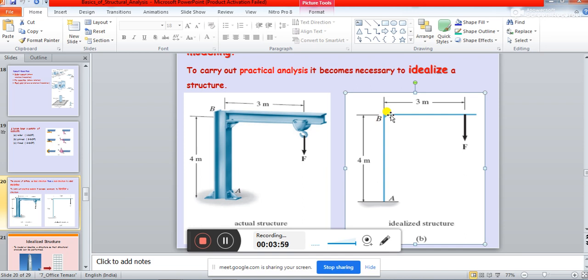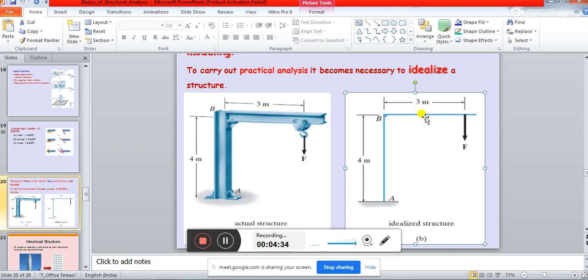You will have to give the detailed properties of the beam: the area of the beam, the moment of inertia of the beam, the material property of the beam, and the Poisson's ratio of the beam. All the relevant material properties and geometric properties you will have to give for this beam. Then only your structure will be properly idealized, and then only your structure will be modeled properly.